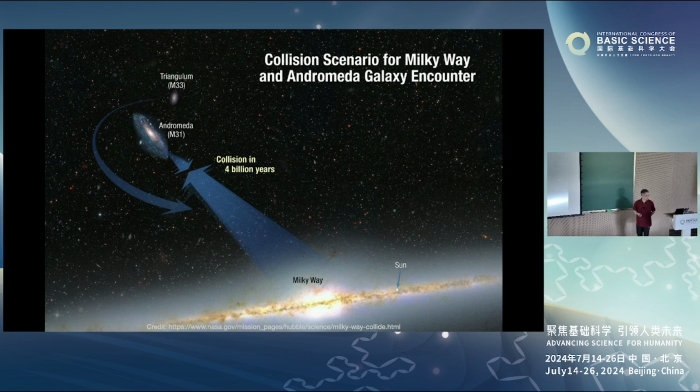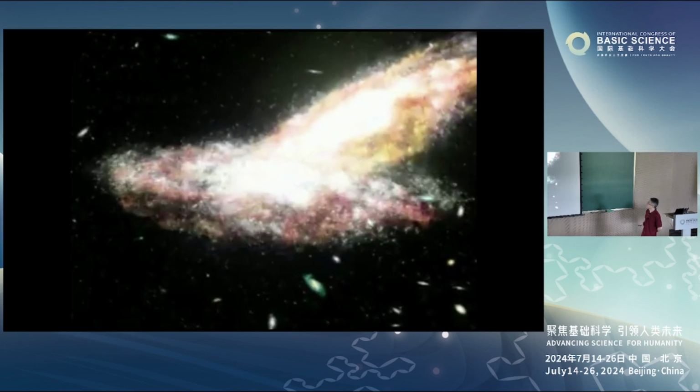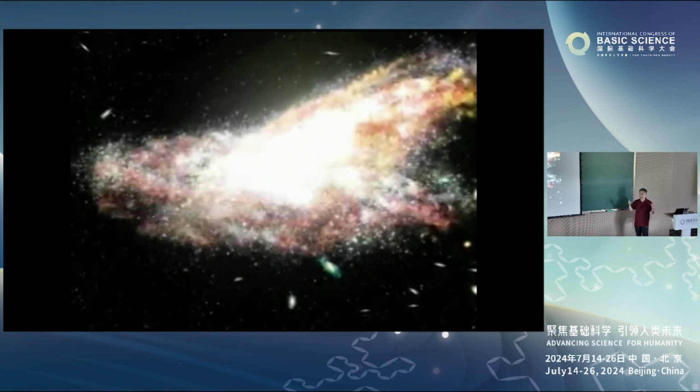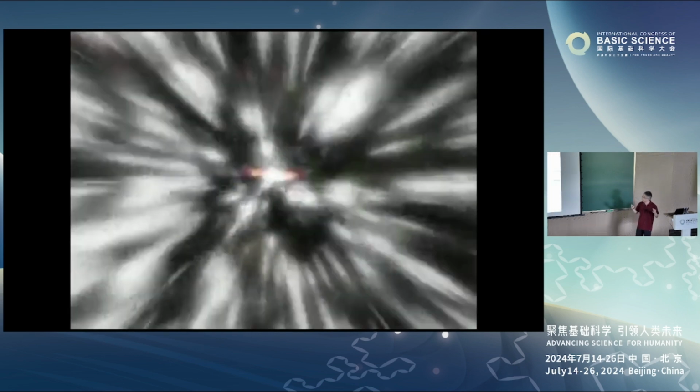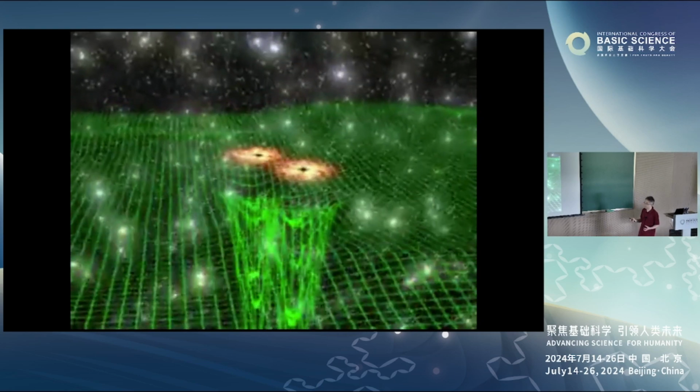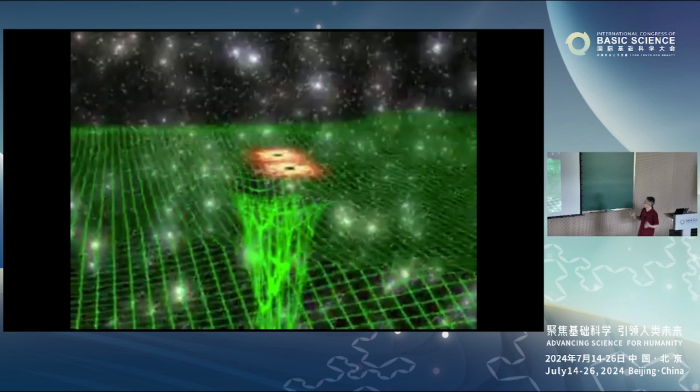For example, our Milky Way has started to collide with the Andromeda galaxy, and sooner or later these two galaxies will merge. And once two galaxies merge, both of them have supermassive black holes in the center, and these two supermassive objects will sink to the center of the new galaxy and form a supermassive black hole binary.